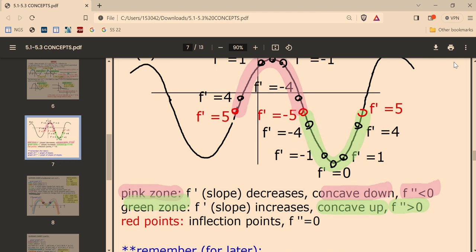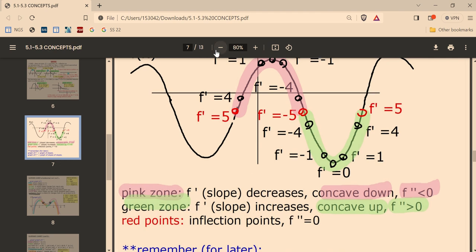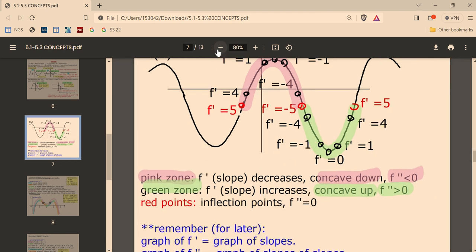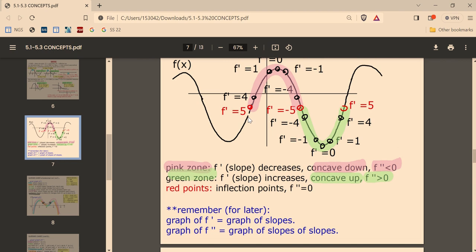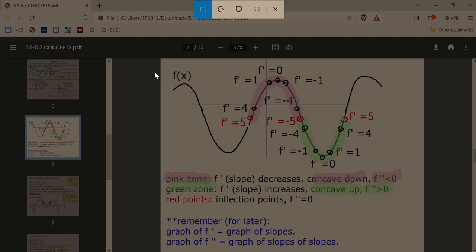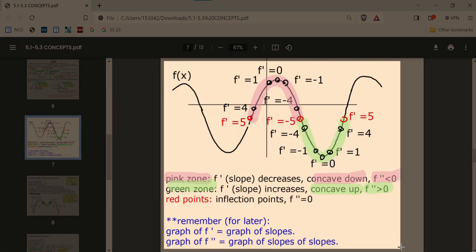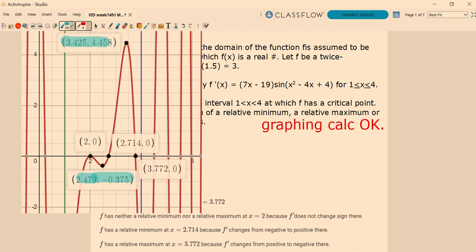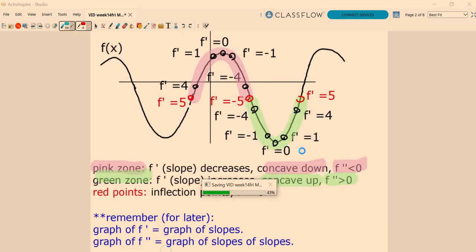I want to get that ready to go. Let me zoom out right here. Boom, copy, paste right there, and let's save it.